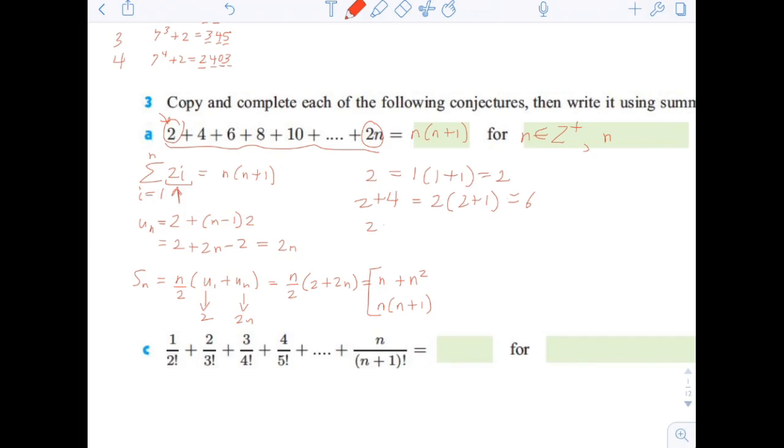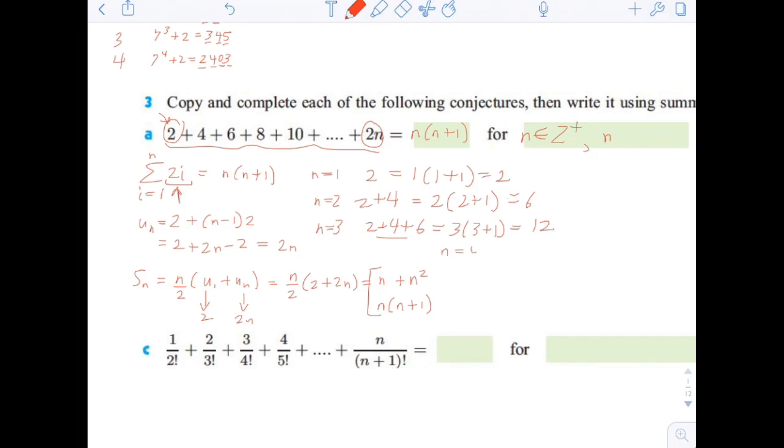What if we had 2 plus 4 plus 6? So in this case, of course, this is n equals 1, and this is the case where n equals 2, and this is the case where n equals 3. When n equals 3, we have 3 times 3 plus 1, which is 3 times 4, which is 12, and that is indeed equal to 12.